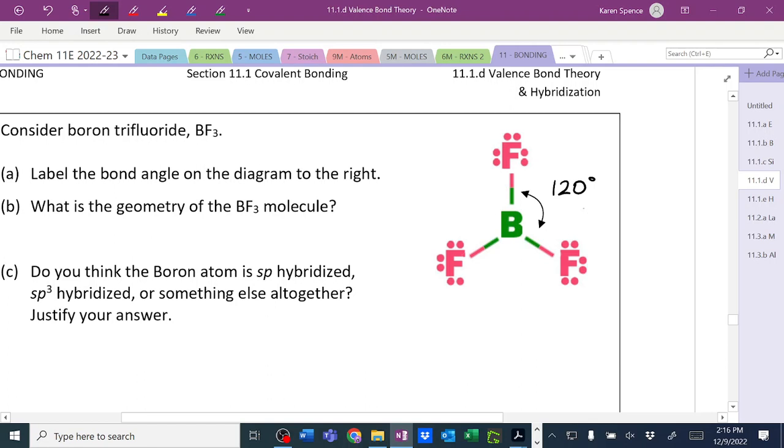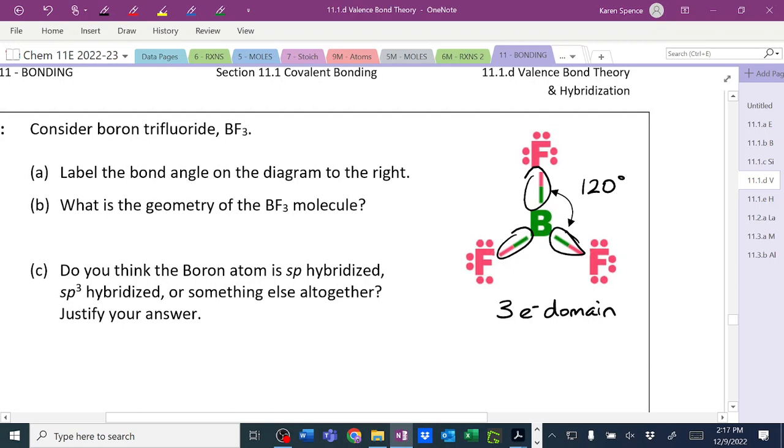The geometry, there are 3 electron domains. We've got bonding electrons here, here, and here. This is a triangle in a plane. Although I'm not sure how you would have a triangle that's not in a plane, but it is called trigonal planar.